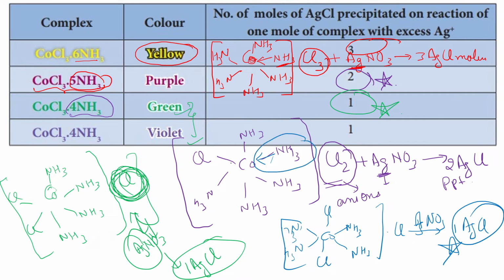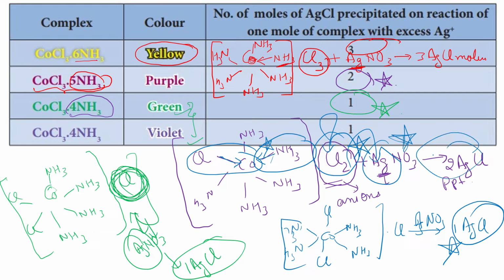These are the strong coordination bonds. Chloride is binding here via coordination bonds and the rest of the chloride ion is present outside the coordination sphere, and only those ions which are present outside the coordination sphere are coordinating with the silver ion of silver nitrate and forming silver chloride as PPT.